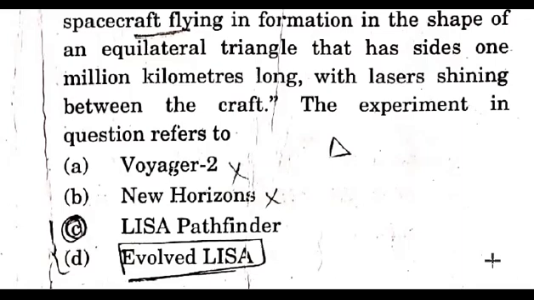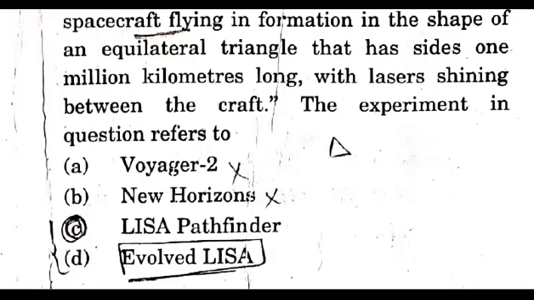This antenna mission is to create a kind of triangle with the help of other antennas to cover a huge area as the spacecraft travel. But the question here goes one step further, that has sides 1 million kilometers long, and on the basis of that you will have to differentiate between what it is. Which one would be the correct option?